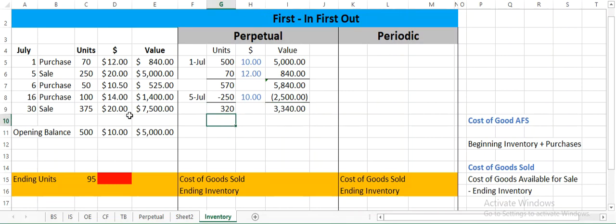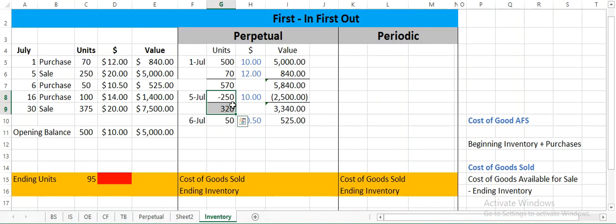So let's move on. July 6th, we purchased 50 more, and that 50 we purchased for $10.50. So the $10.50, and then the value of what we brought in was 50 times $10.50, $525.